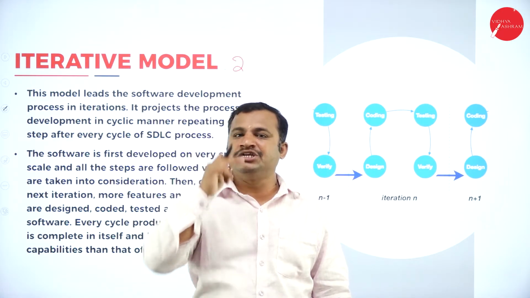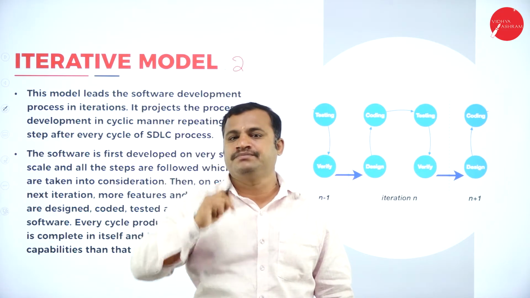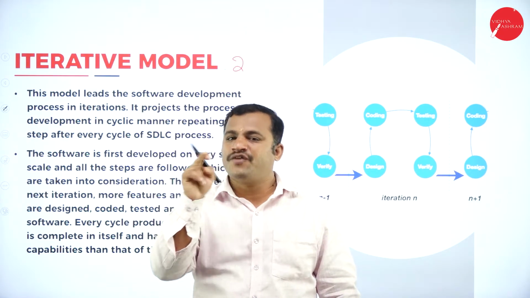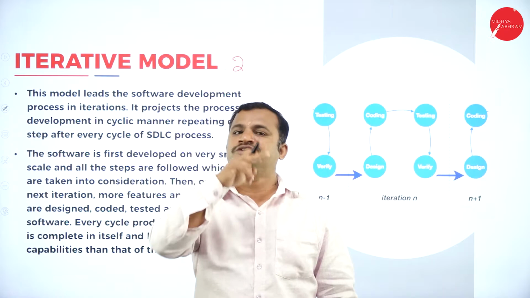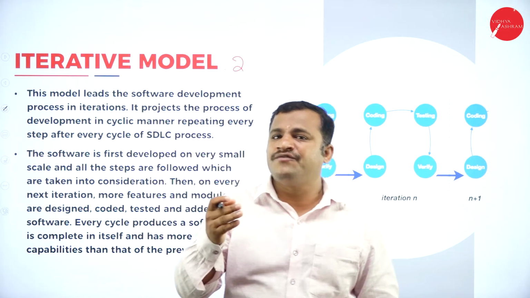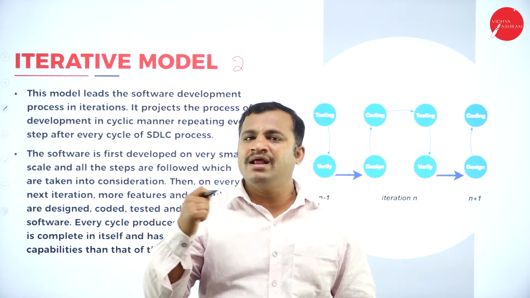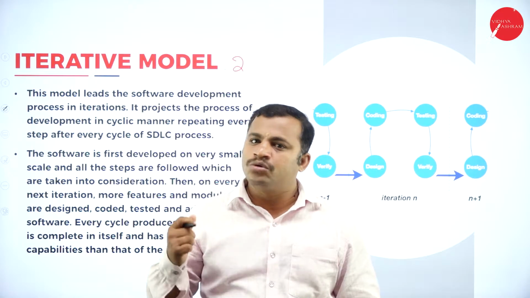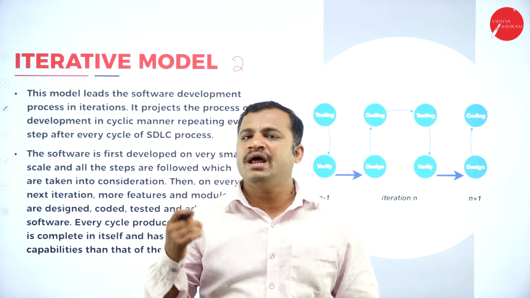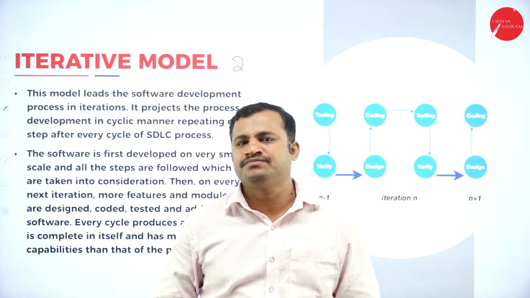Then in the second iteration, again all 5 statements must be executed sequentially. Similarly, in the third iteration, all these 5 statements must be executed sequentially. So what is happening there? All the phases, whether requirements gathering, system analysis and design, coding, testing, implementation, operations and maintenance, must be carried out in one single iteration.